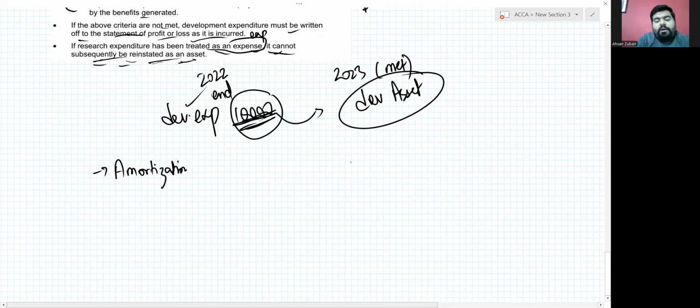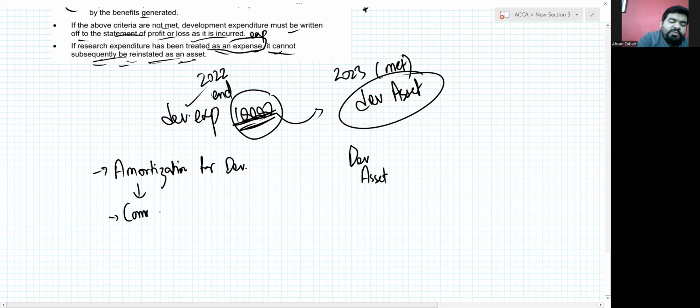For example, you have done the development and now you have to classify it as an asset. When will amortization start? If the development has met the criteria, do we start the amortization calculation from that point, or from where? The point written here is that amortization for development will start once commercial production has started.